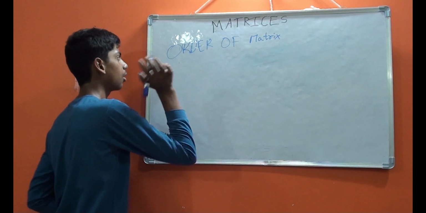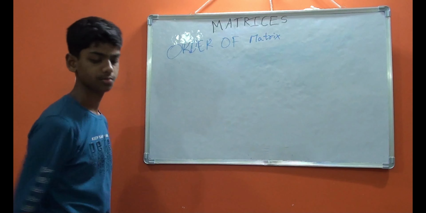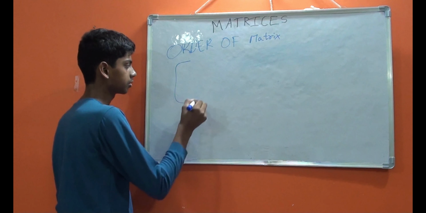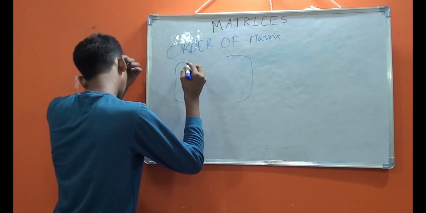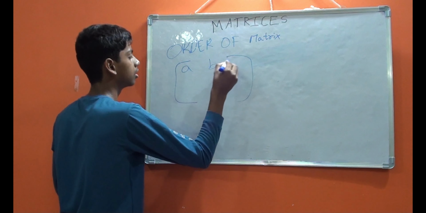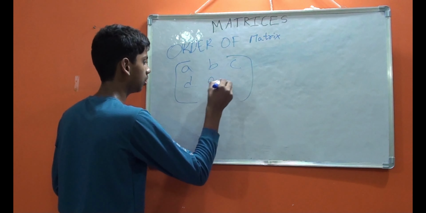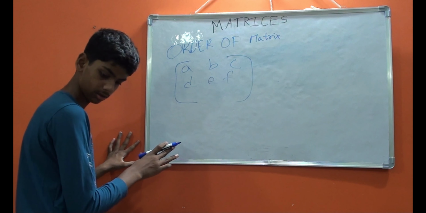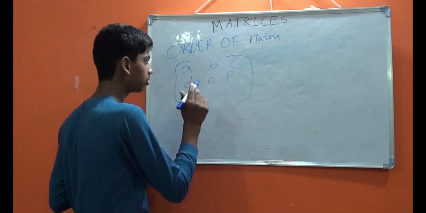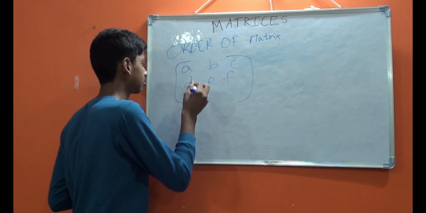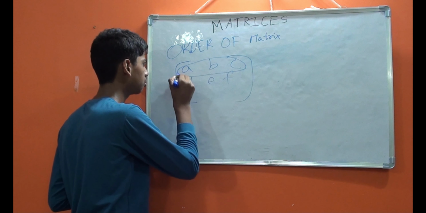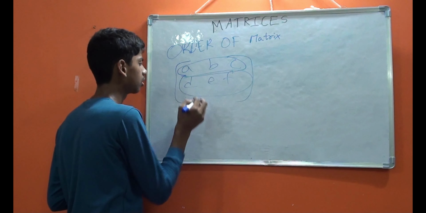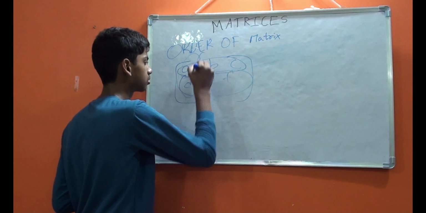Now let's learn about the order of a matrix. Let's take a matrix of A, B, C, D, E, F. To find the order of this matrix, all we have to do is count the number of rows and columns. Here we have 2 rows and 3 columns.